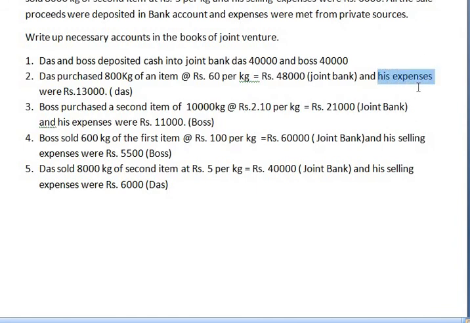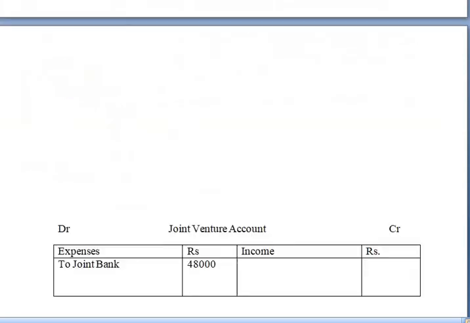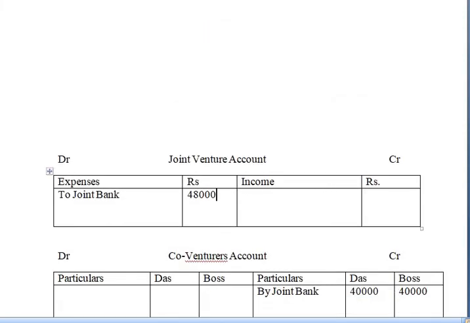Now, and his expenses were rupees 13,000. Expenses estage 13,000. So expense na yaar payment madbeku? Private source, nothing but Das only. So here the expenses is so much 13,000. This 13,000 should be met through private source, nothing but Das, to Das account.